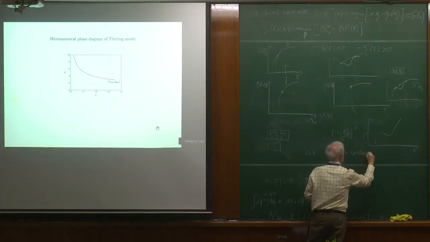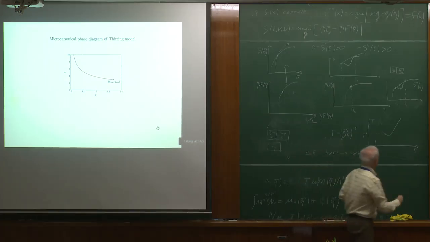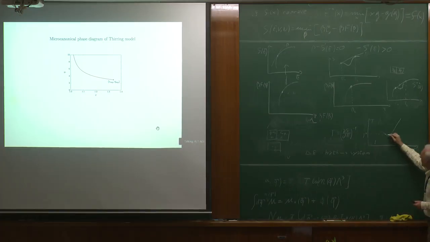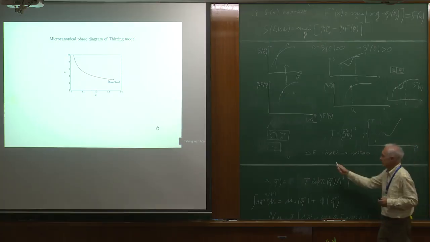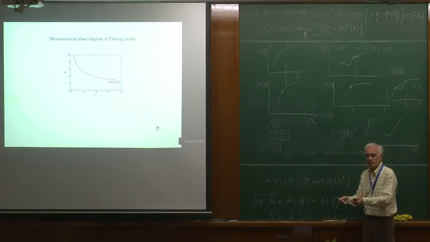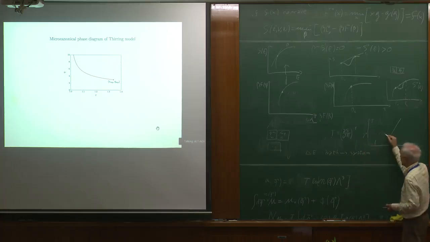What happens? The energy of the system will be a little bit larger, but its temperature then will be a little bit smaller. So the bath now sees a system with a smaller temperature than its own, so it gives it more energy. So it is not a stable situation.